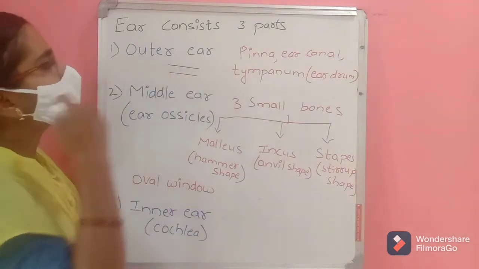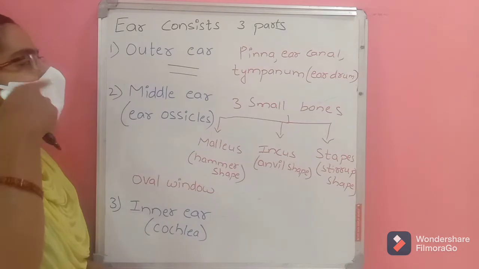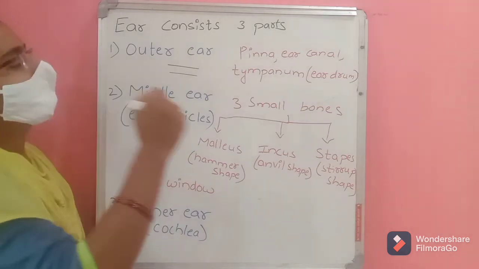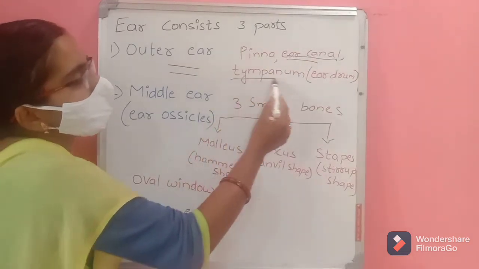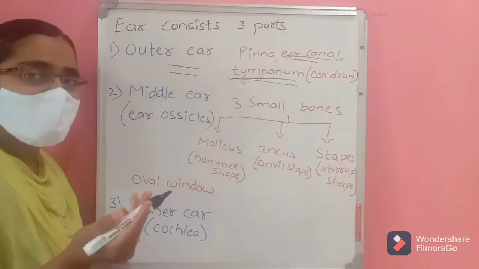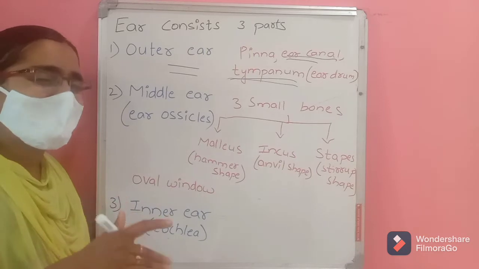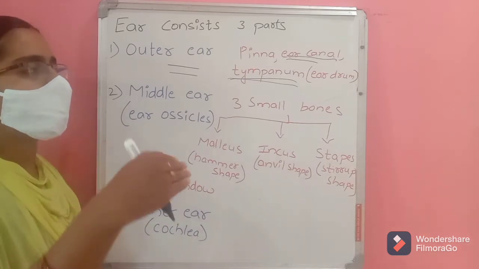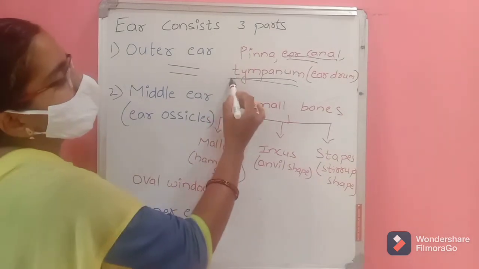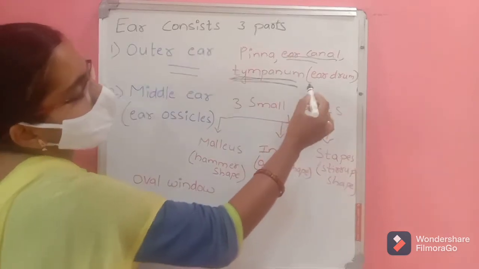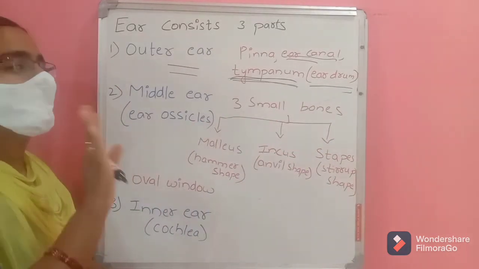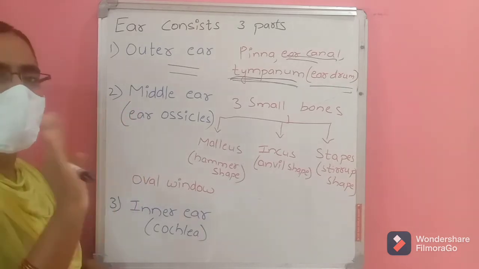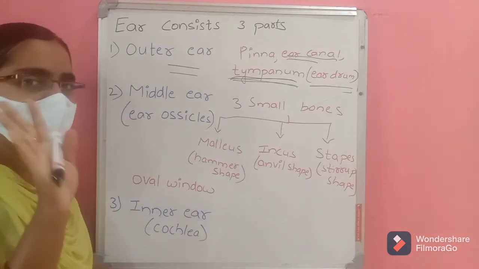So the sound propagates through the ear canal, and when it touches the tympanum, the sound is in the form of vibrations. When the sound passes as a vibration and touches the tympanum, the eardrum, that eardrum also vibrates due to these sound vibrations.